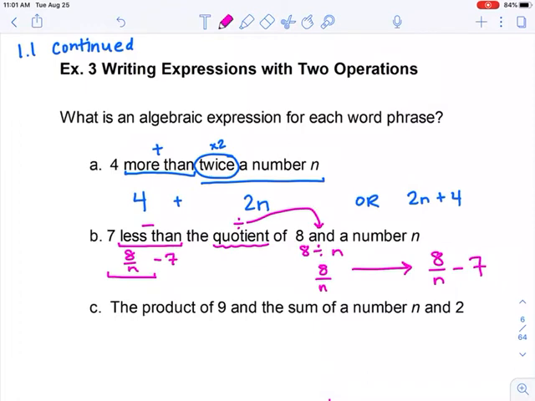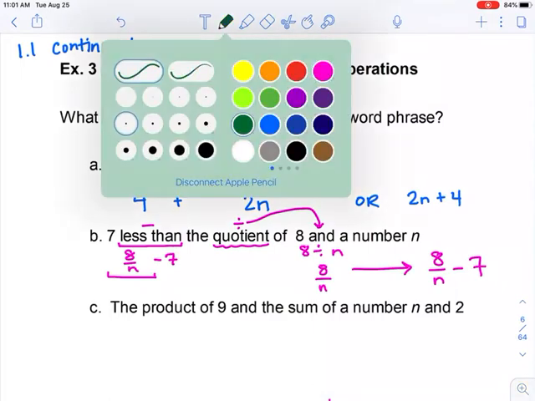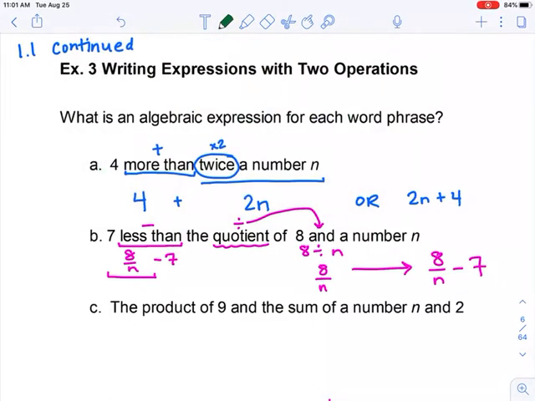Let's take a look at C. C says the product of 9 and the sum of a number n and 2. The product tells us that we are using multiplication. We're going to multiply 9 with the sum, so that multiplication goes where the and is. The sum means we are finding the addition of a number n and 2.